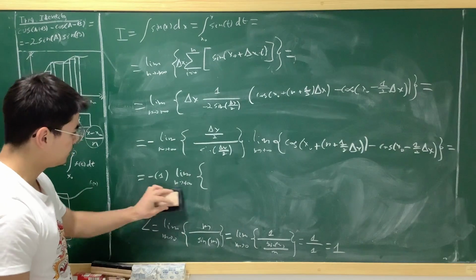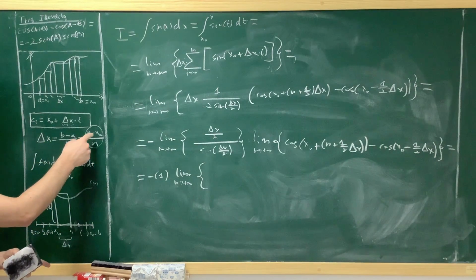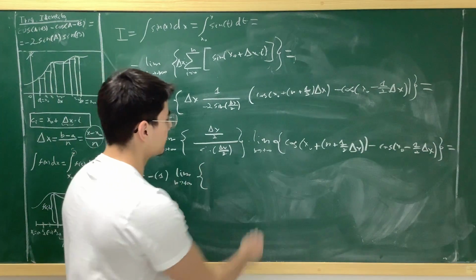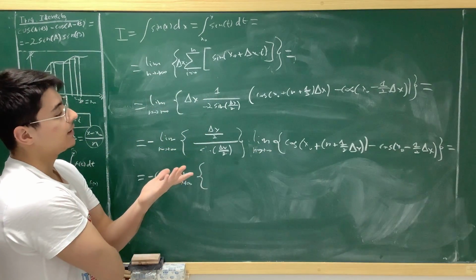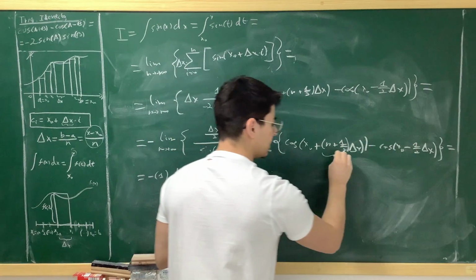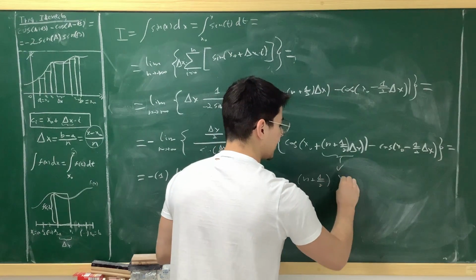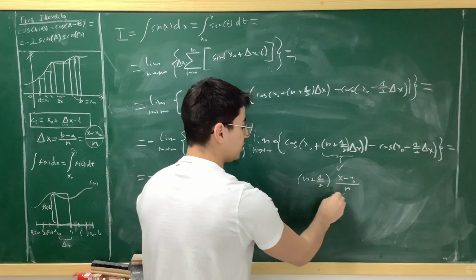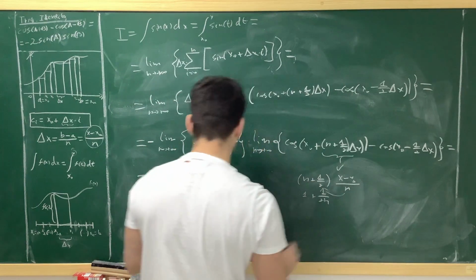But what is this limit? First of all, let's remember again that delta x is just x minus x naught over n, and it's not 0, just to make that clear. Then we can rewrite this as n plus 1 half times x minus x naught over n. Distributing this, this becomes 1 plus 1 over 2n.